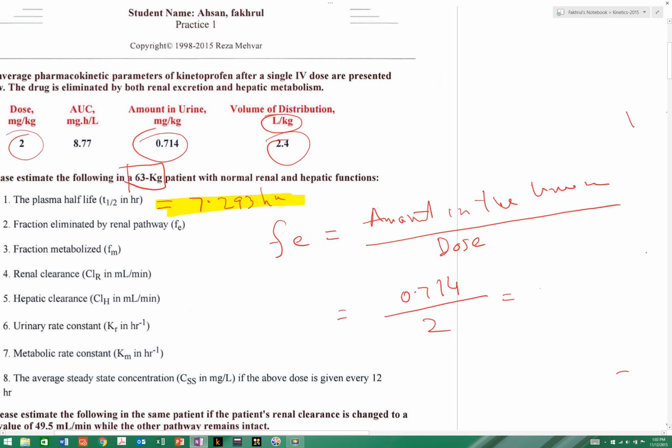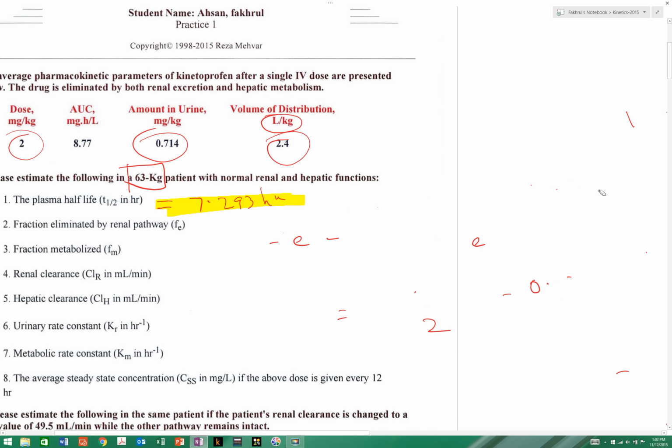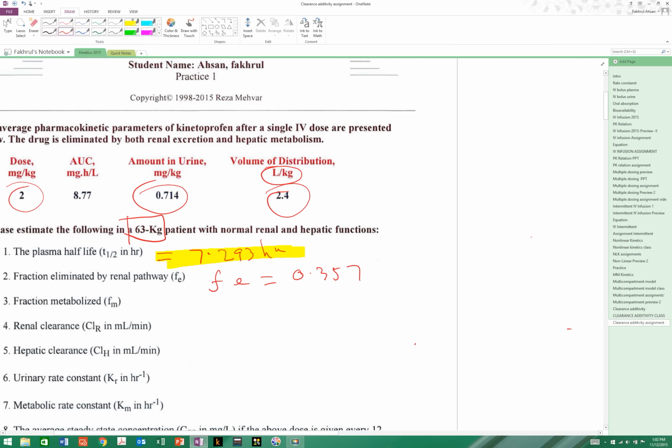This will give you 0.357. So your FE is 0.357.